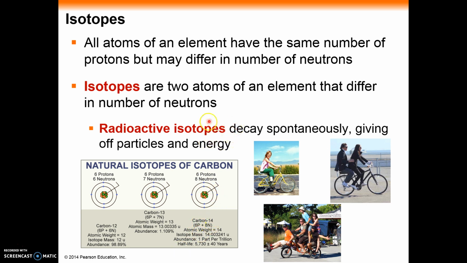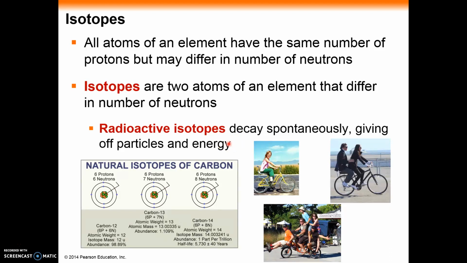So when we talk about radioactive elements, or isotopes of those elements that are radioactive, they do, over time, leach off both particles and energy, and that can cause damage.